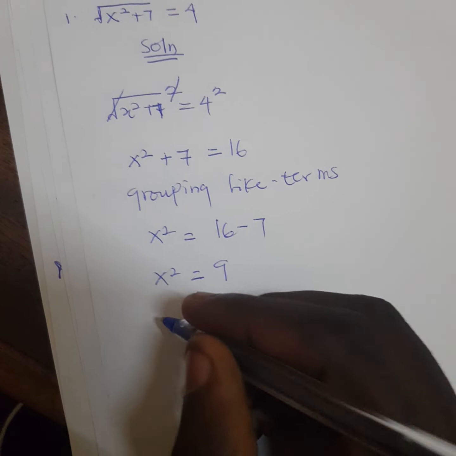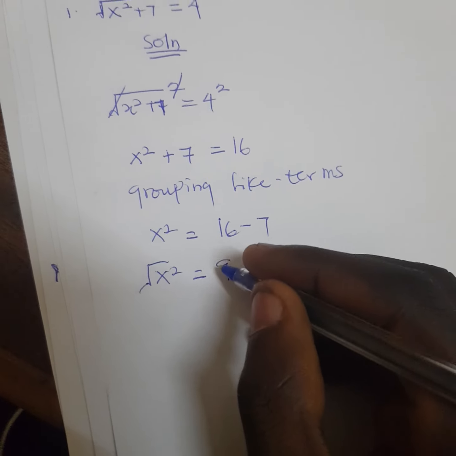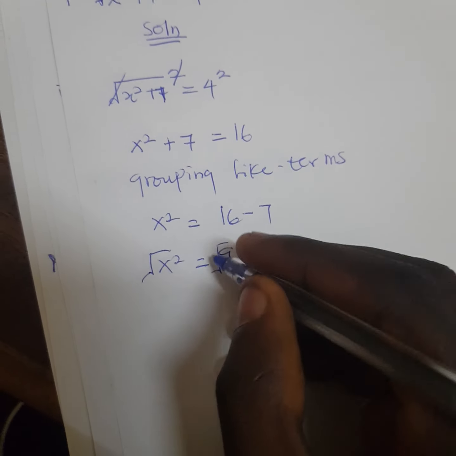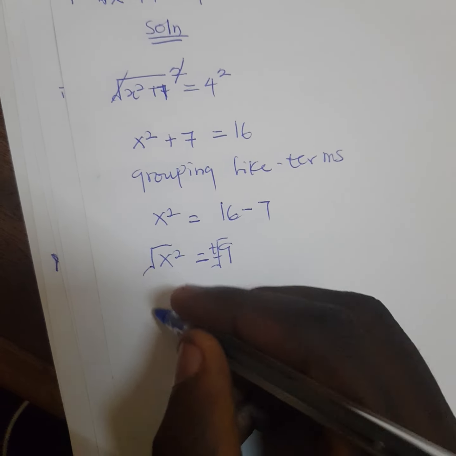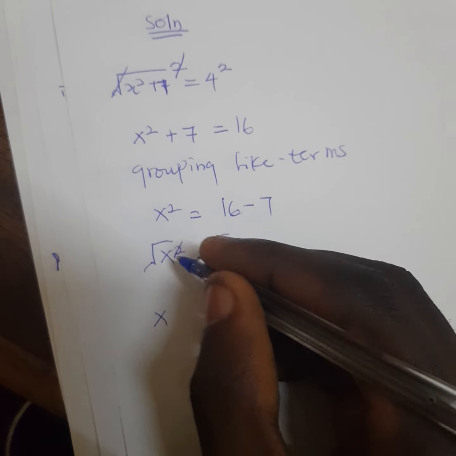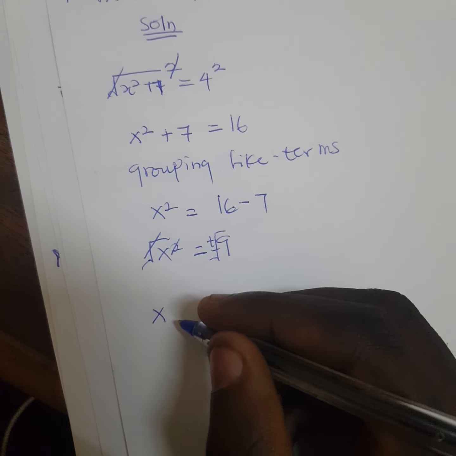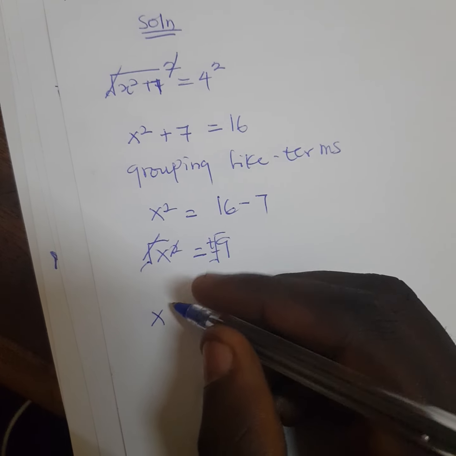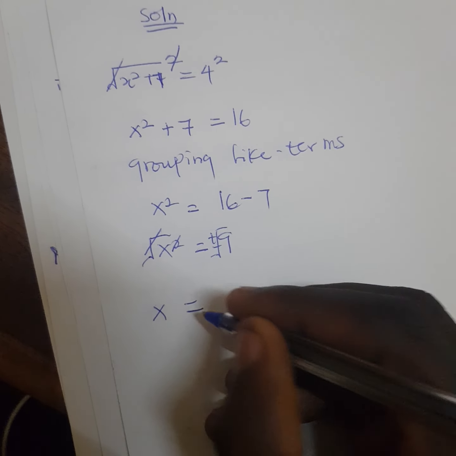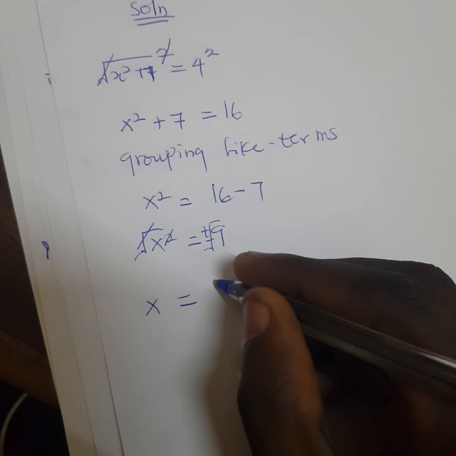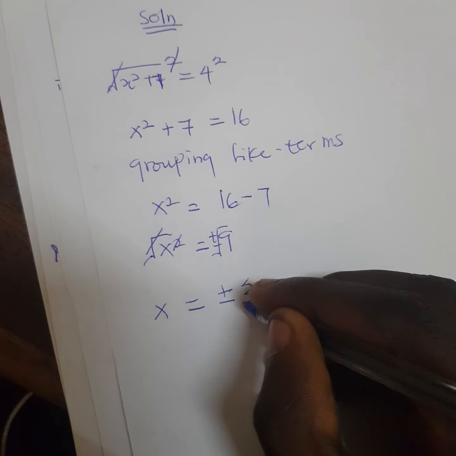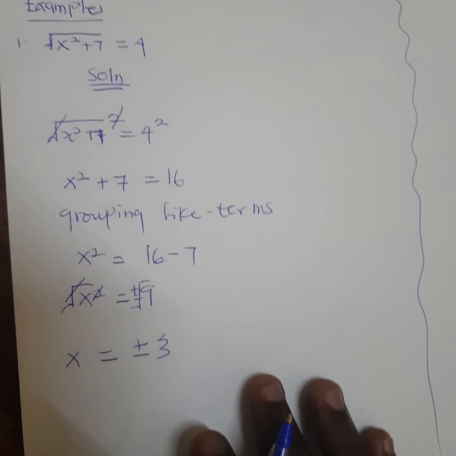Now you find the root of this side and the root of this side, so this will be x. The root sign will cancel the square, which will give you plus or minus 3.